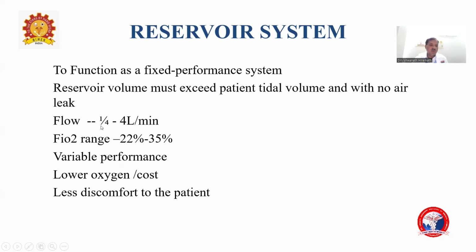Flow required is 1/4 to 4 liters per minute. FiO2 ranges from 20 to 35%. Variable performance device. It lowers the cost because less oxygen is utilized in a proper way, and there is less discomfort to the patient.